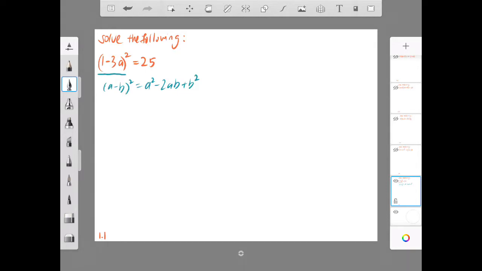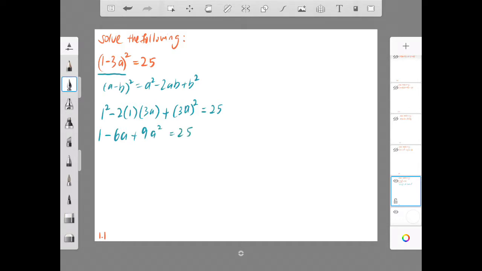So this will mean 1 square minus 2 times a, which is 1, times b, which is 3a, plus b square, which is (3a) square, equals 25. So 1 minus 6a plus 9a square equals 25.